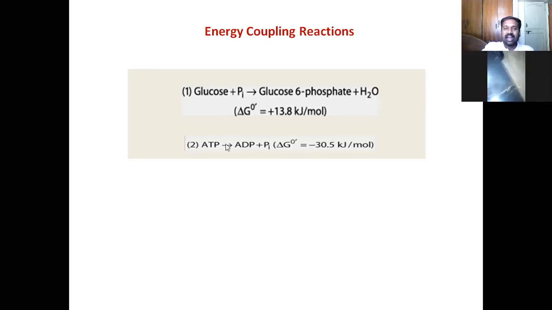When ATP is hydrolyzed, we get minus 30.5 kilojoules per mole of energy released. Here is a reaction which requires 13.8 kilojoules per mole of energy to happen, and here's a reaction which releases 30.5 kilojoules per mole when it is done.